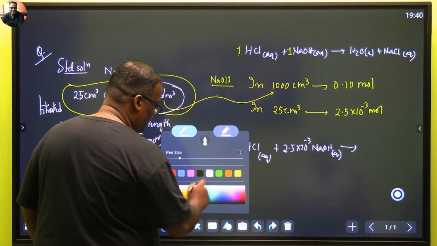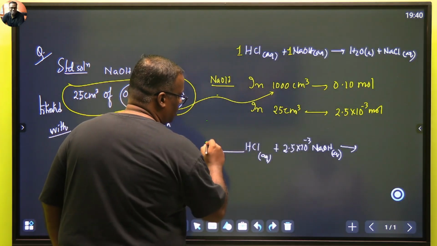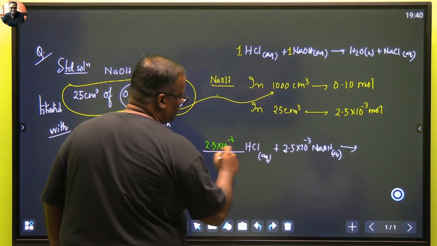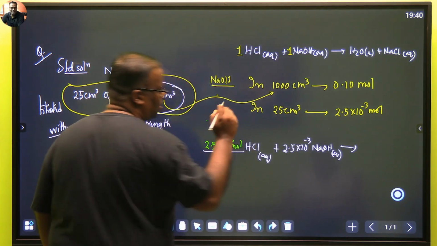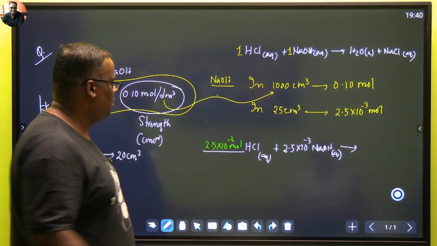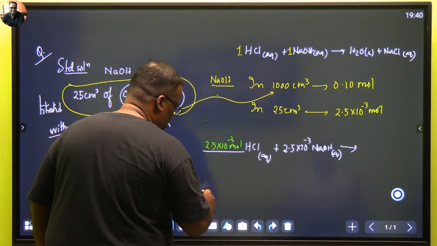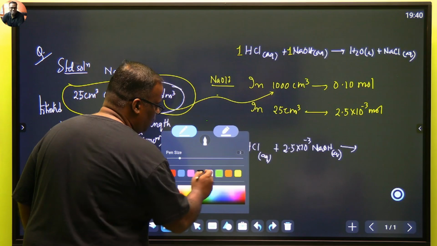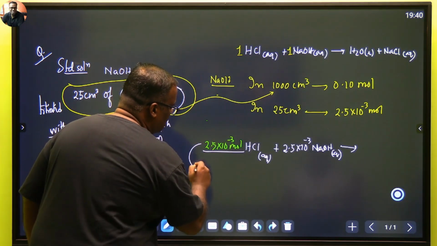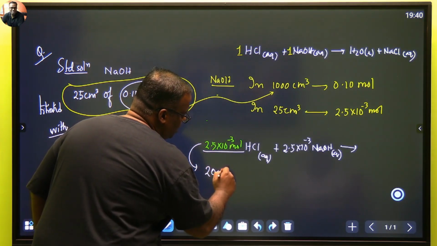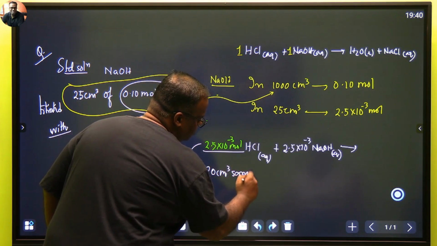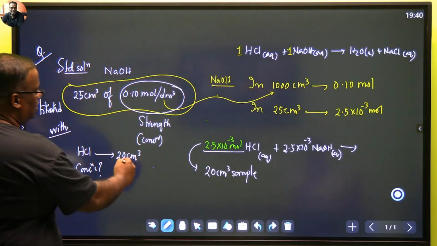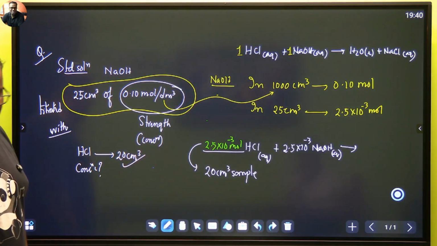That's what I was looking for. These moles and these moles reacted. Now tell me, where did these moles come from? In the 20 centimeter cube sample, they were present. In this 20 centimeter cube, they were present.